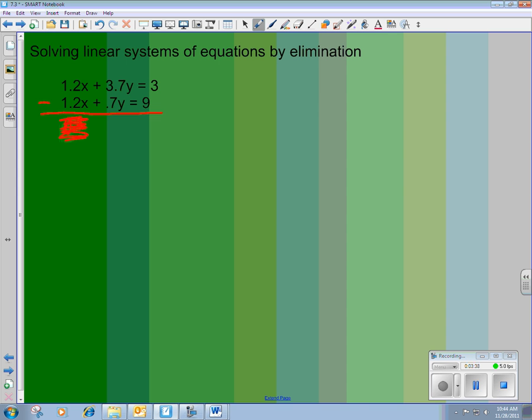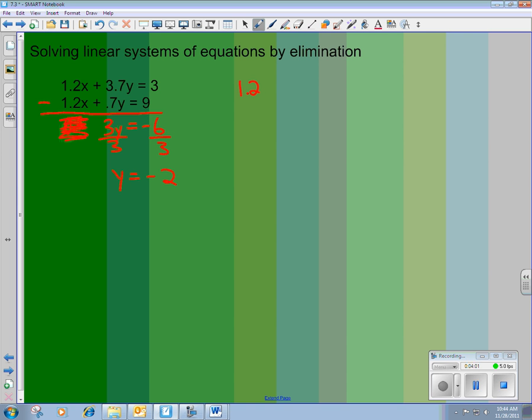3.7y minus 0.7y gives us 3y. Bring our equal sign down. 3 minus 9 is negative 6. Again, dividing by 3, y equals negative 2. And we're going to plug that back in. So let's plug that back into our second equation, just because I like the 0.7 better rather than the 3.7.